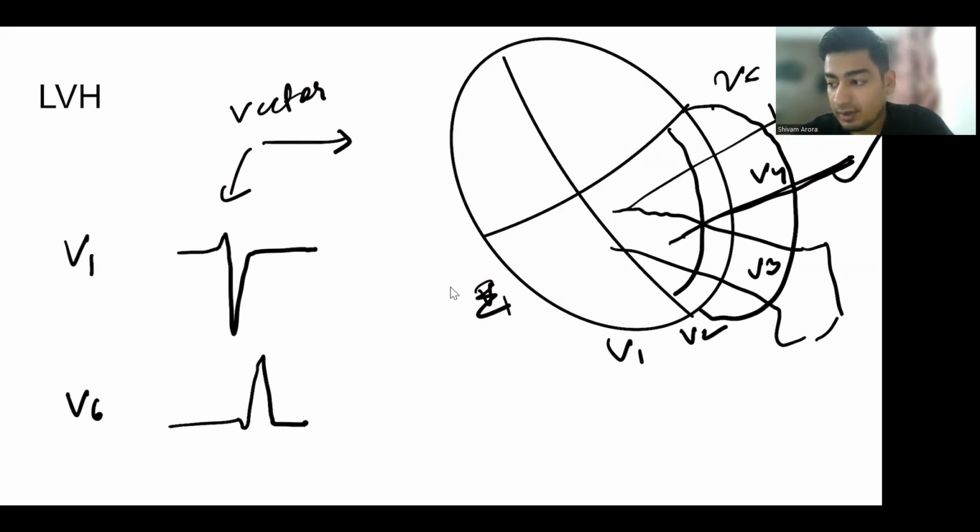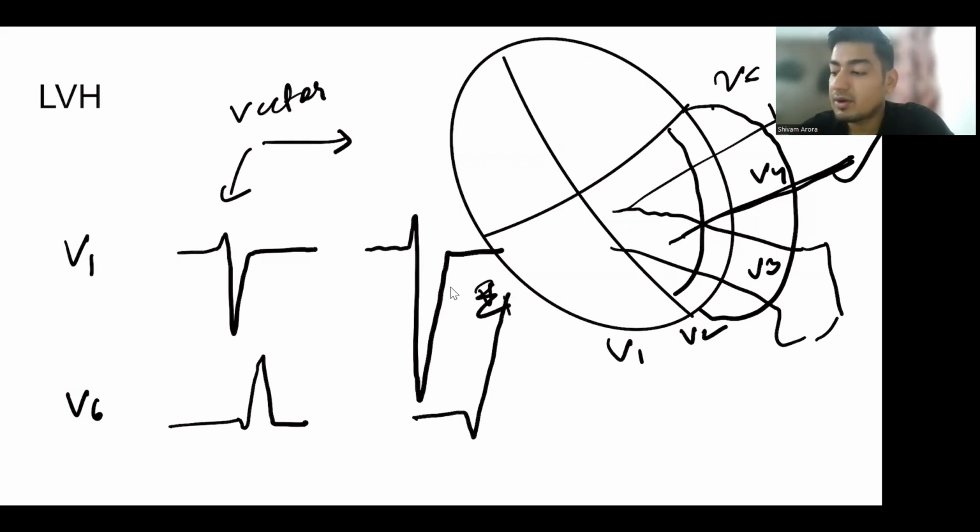Now since the vector is moving more towards V6 and more away from V1, in LVH, the RS complex in V1 would dip down more, and in V6 the QR complex would have a large R wave. Okay. Also, lead AVL is somewhere around here. Now the QRS vector is moving more towards AVL, so AVL will also show a large R wave.